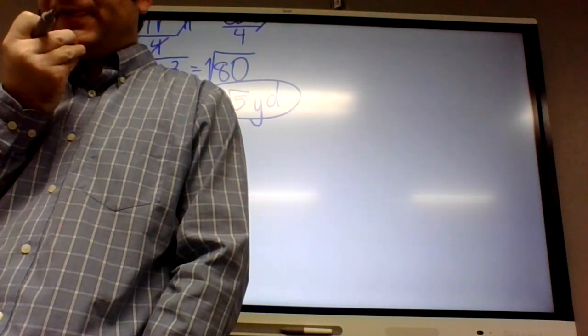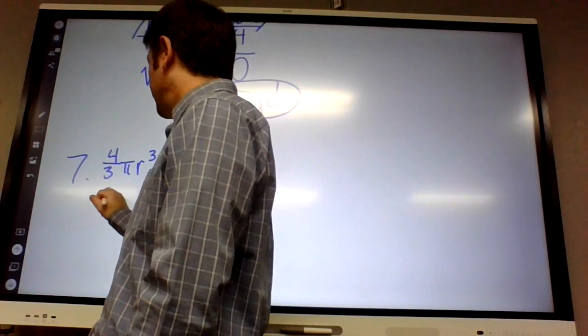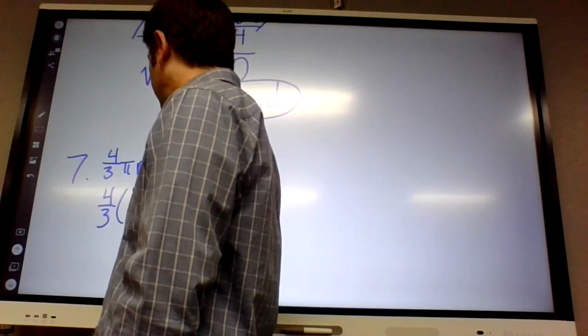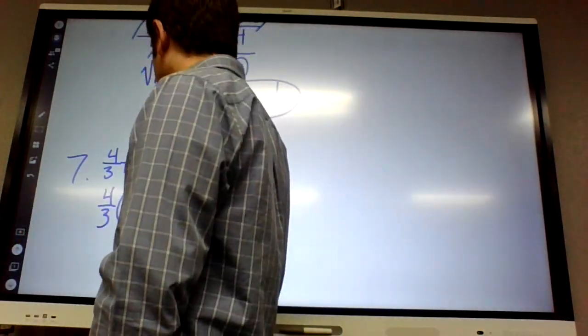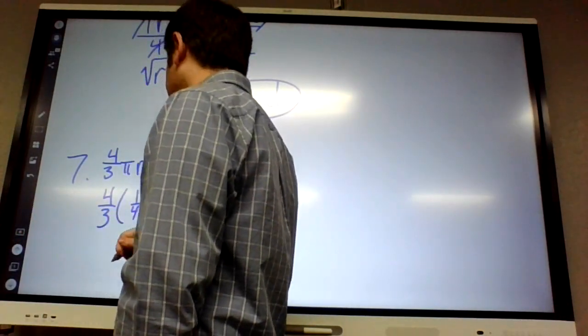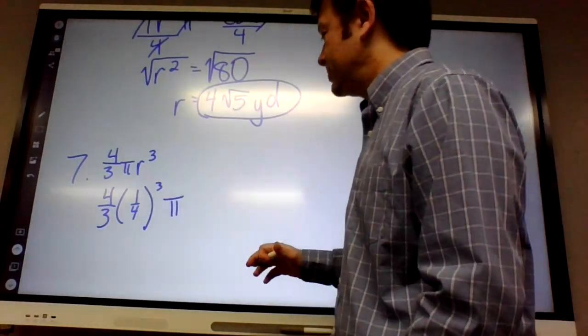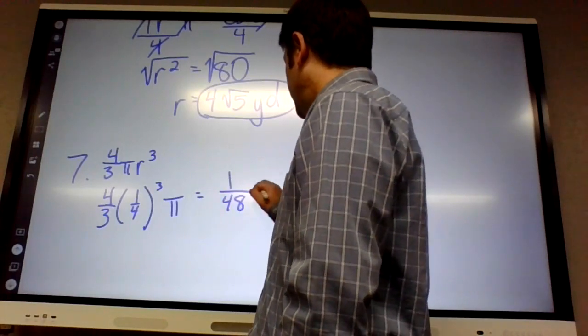Number 7, a sphere with a radius of 1/4. So we're going to plug in 1/4 cubed. I believe that comes out as 1/48 pi.